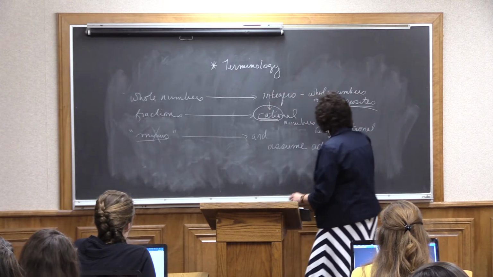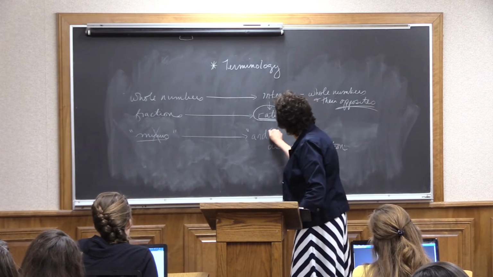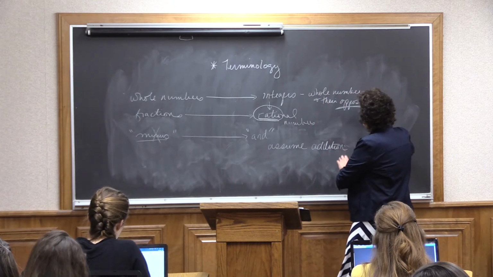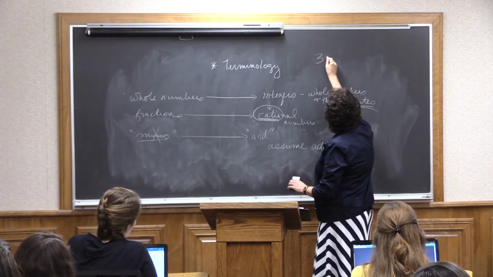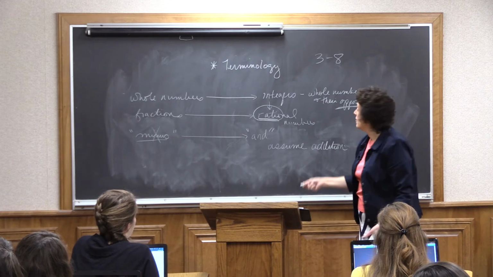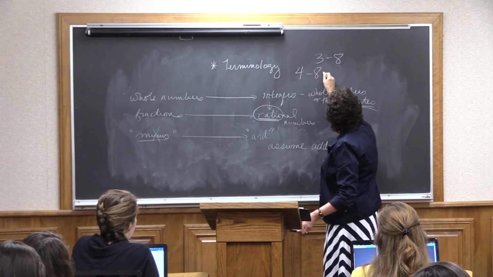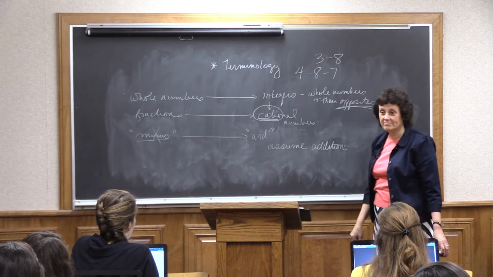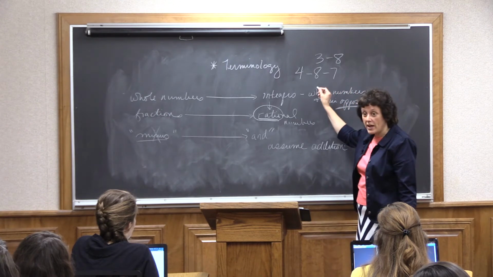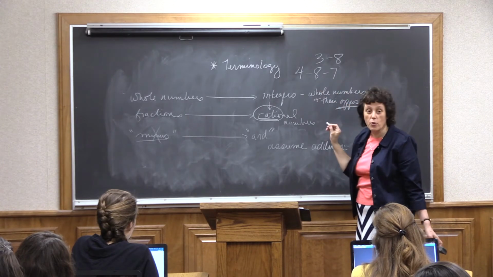So I'm going to use minus less and less, especially when I do that problem. That's going to be read 3 and negative 8. Or 4 and negative 8 and negative 7. So even though it looks like subtraction, the subtraction becomes invalid because 8's bigger than 4.